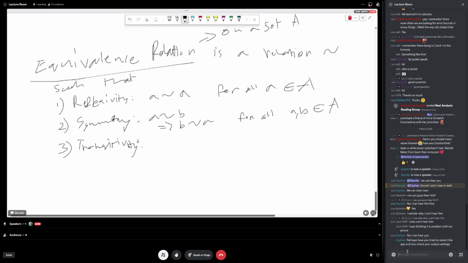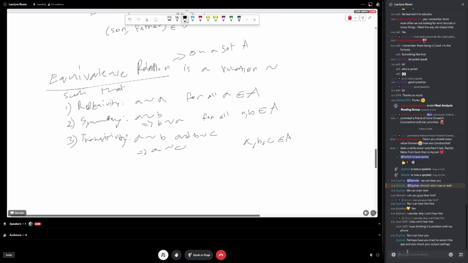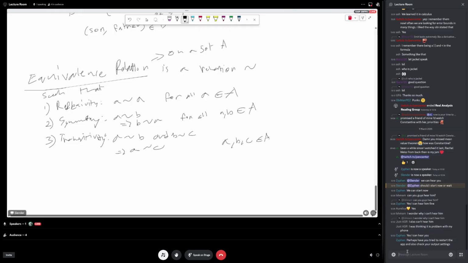Transitivity is basically a is in relation with b and b is in relation with c. This implies a is in relation with c for all a, b, c in the set. So that's what we call an equivalence relation.